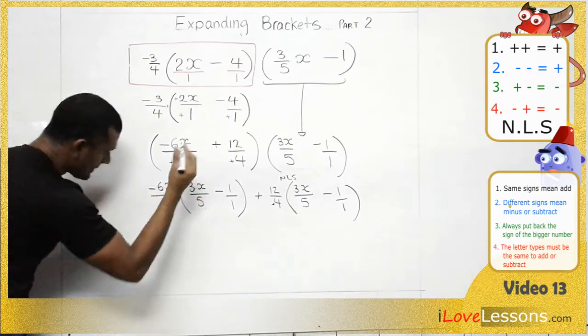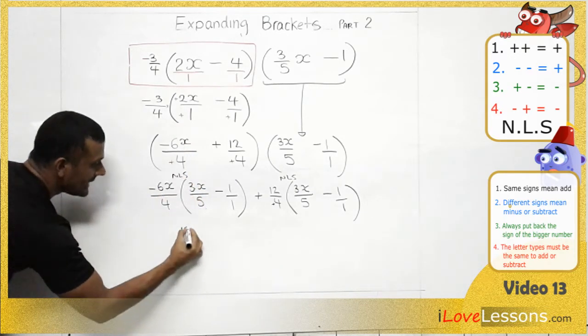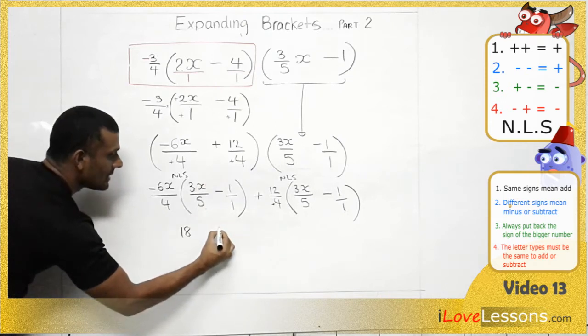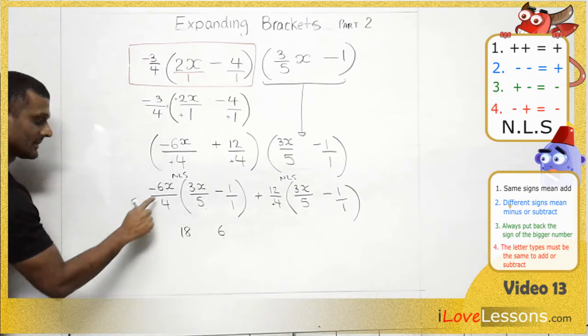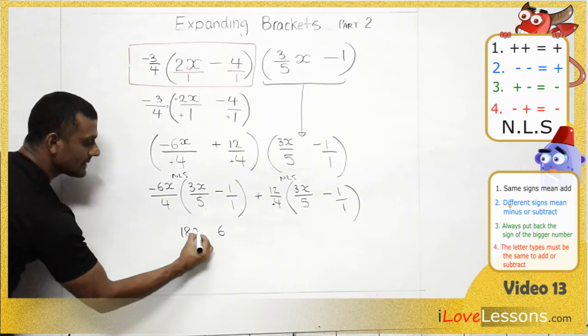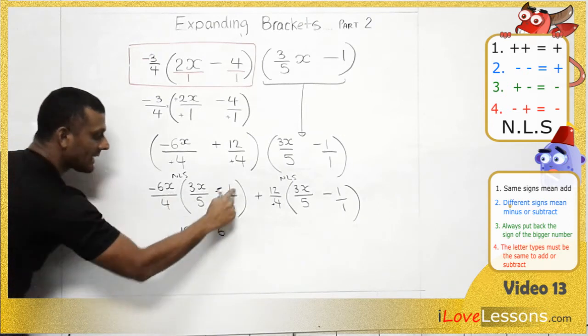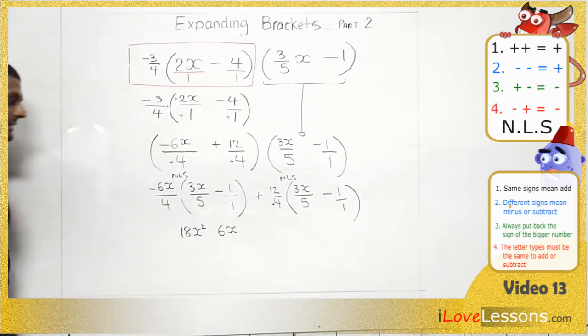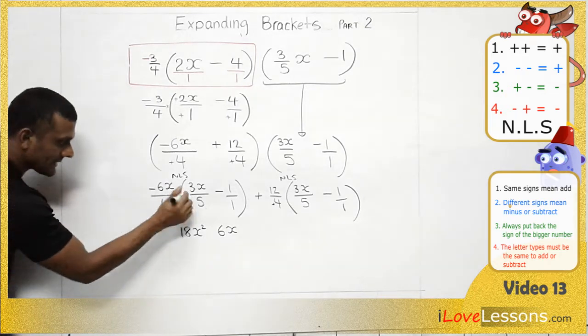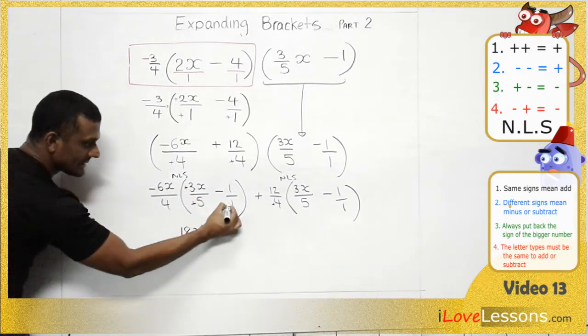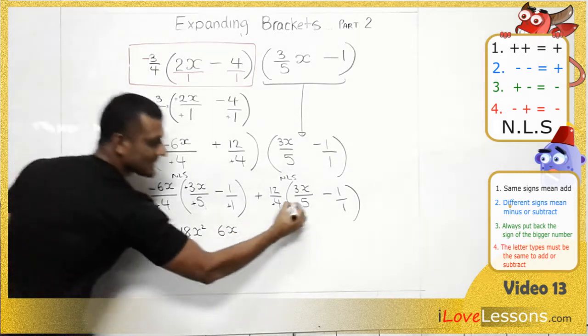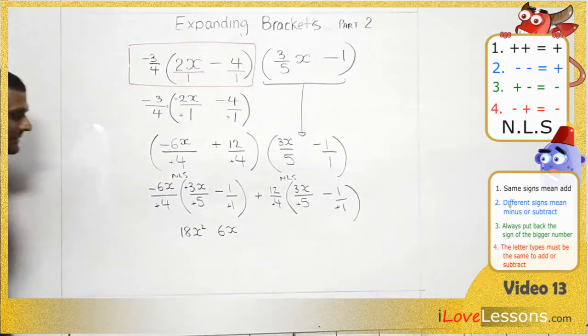So, 6 by 3 is 18. 6 by 1 is 6. X by X is X squared. X by no letter is just X. Negative, and this is a secret positive, secret positive, and so on.